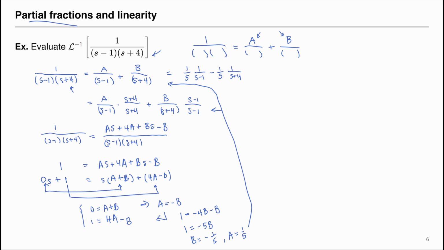Now we can proceed to find the inverse Laplace transform of that expression. Inverse Laplace transform, the original expression can be reduced to partial fraction.